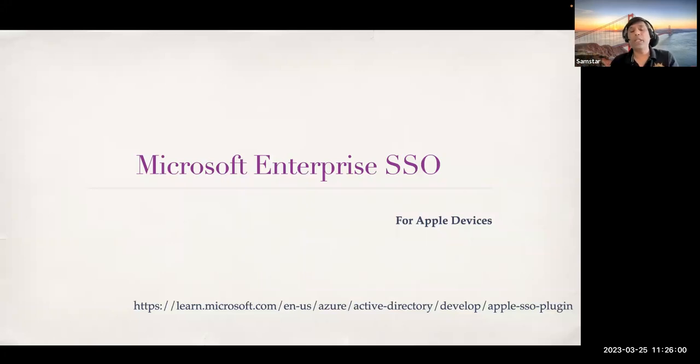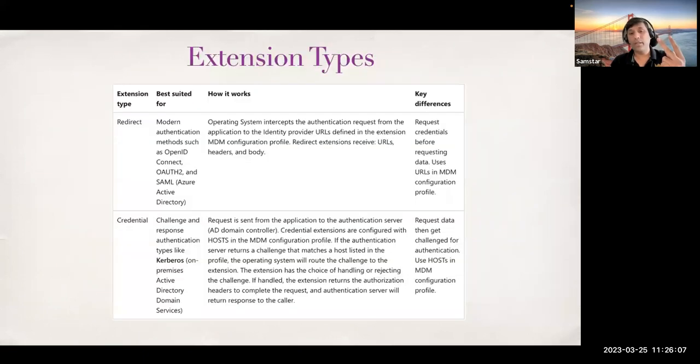So first thing first, we need to understand Microsoft Enterprise SSO is an extension, and there are two types of extension. The first extension is the redirect extension. The second extension is the credential extension. Microsoft Enterprise SSO works with redirection. In layman language, it redirects your authentication through a URL to your broker.